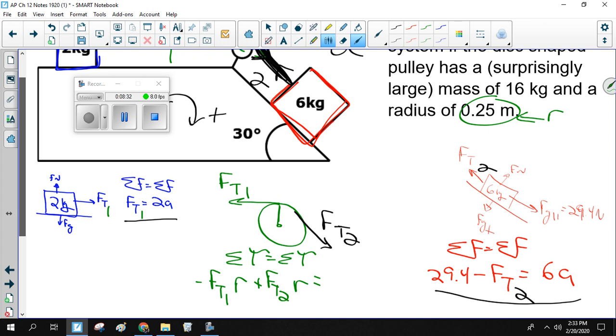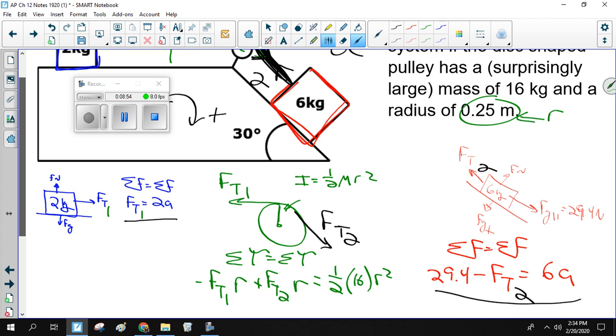Well, let's see, this thing is a disk, and I for a disk is 1/2 mr squared. So I guess I should use the lowercase r. So I is 1/2 the mass, which I'm going to plug in, times r squared, times alpha. It doesn't matter.